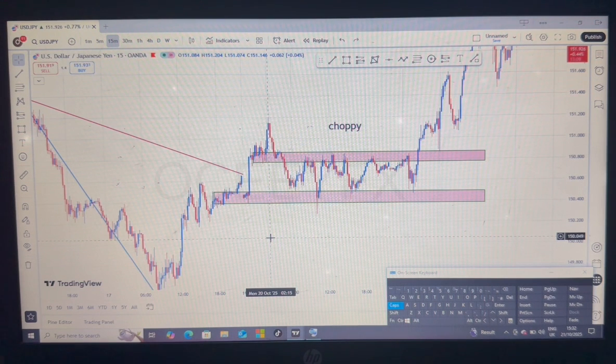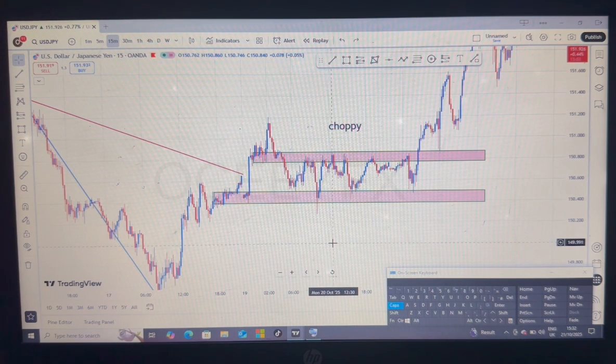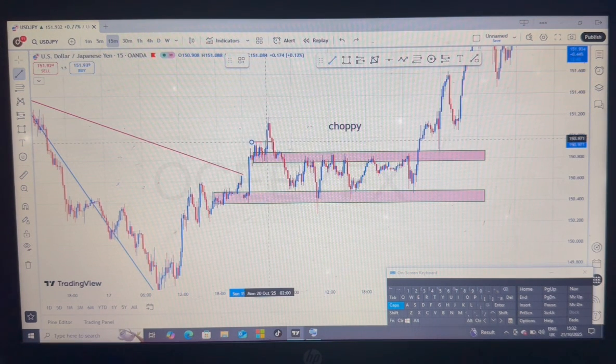It's showing Monday 20 October, and if you narrow it down here, you can see it's also Monday 20 October, but the time is different, showing that these trades happened at different times or hours. So it was showing a break of structure to the upside before the price reversed to the downside.